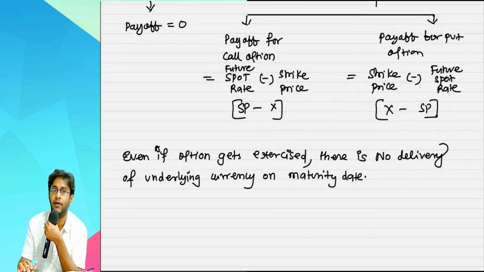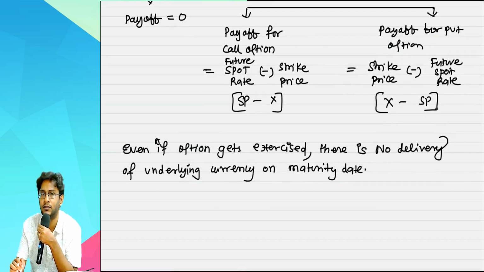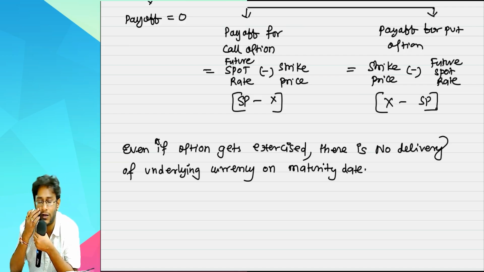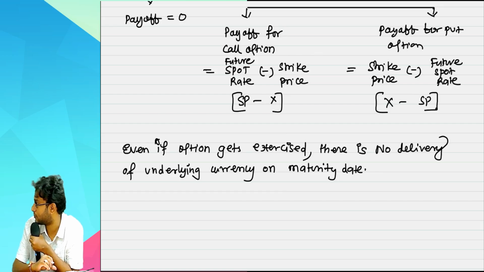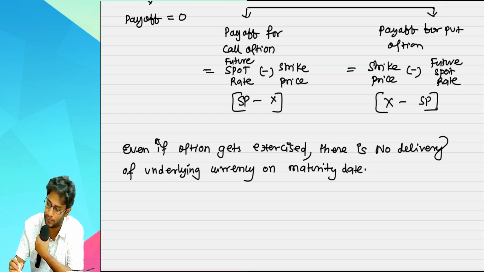Sir, call option, I have a right to buy, I exercised, so I will buy dollar, give me dollar, and nobody will give you like that. Foreign currency, you cannot hold like that, no sir. FEMA laws will not permit you that. So then what will happen?